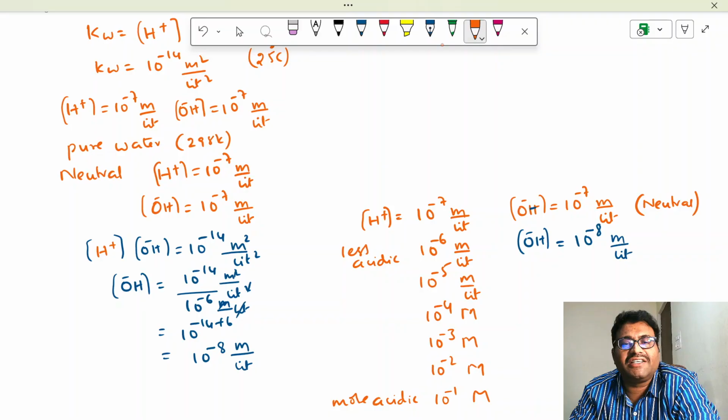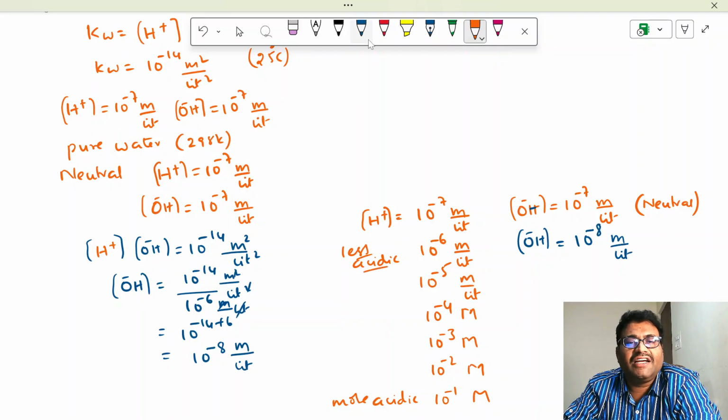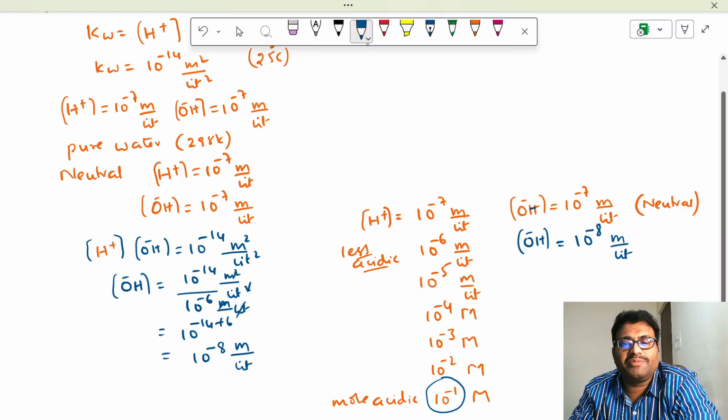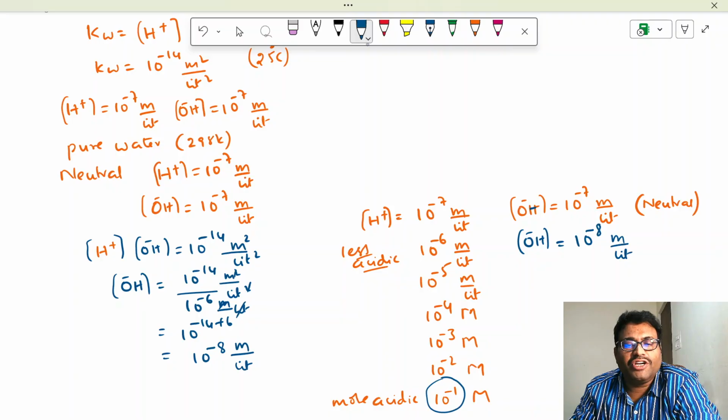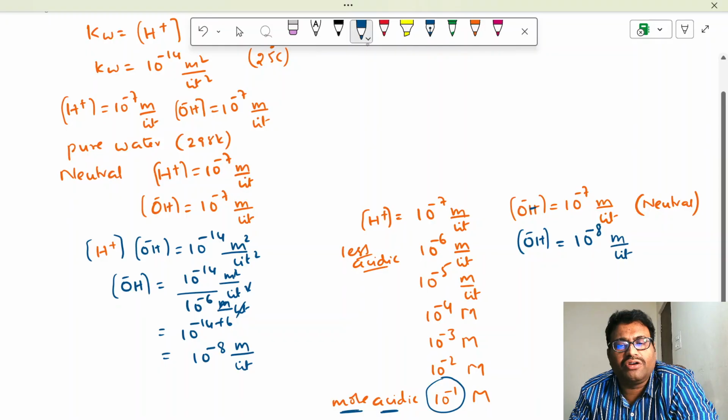H plus ion concentration 10 power minus 6 is less acidic. Whereas if it is 10 power minus 1, it is a very high H plus ion concentration when compared with 10 power minus 7. So it will be more acidic because H plus ion concentration is more. More H plus ion concentration, more acidic.